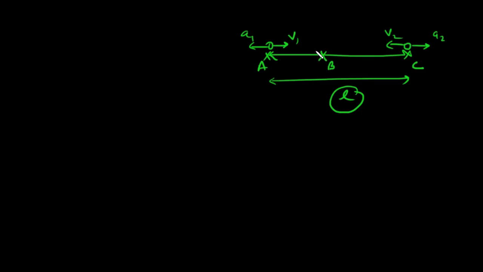So what is the distance covered by this particle? Let us say this is X and this is Y. In time T, they will meet. This means X would be v1T minus half a1T square, u t minus half a t square, the second law of motion. What would be Y?